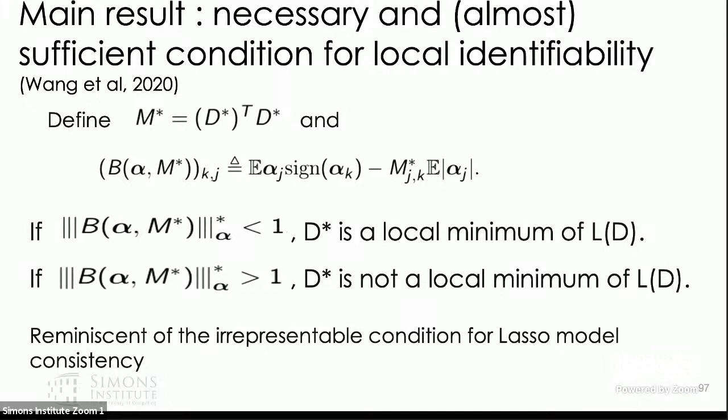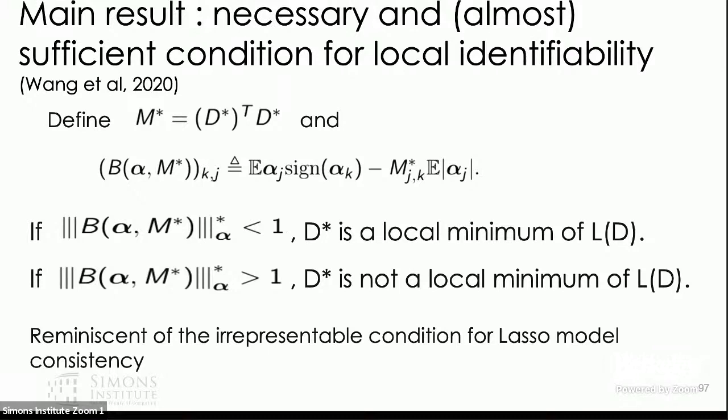So we have this almost necessary and sufficient condition for local identifiability, which we call Bernoulli type, when you remove the Gaussian assumption. The M is the correlation between the columns of your reference dictionary. And then this matrix you care about, you go through this alpha norm, it concerns itself with the coefficients and the sign. So this is really about the correlation between the different components of alpha.